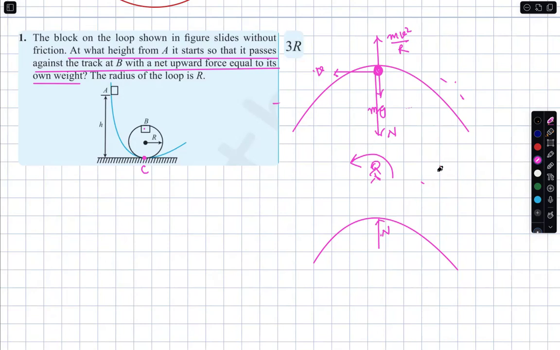Therefore, according to me, there is no friction. The moment you stand on the smooth floor, still you are experiencing an... No. Here, mv square by r is so high, it's more than the weight.